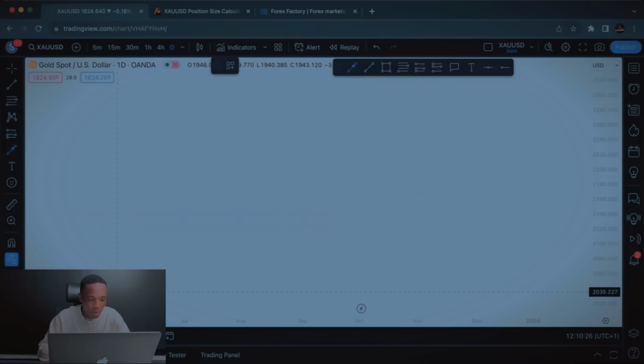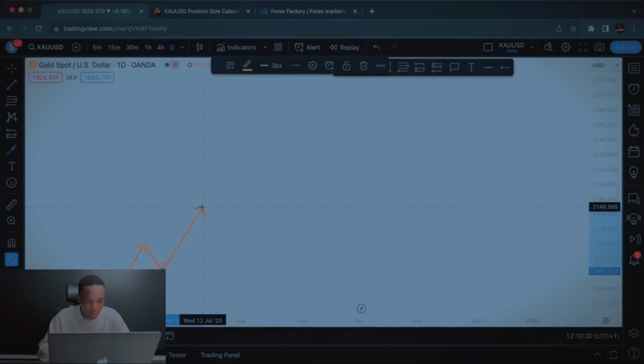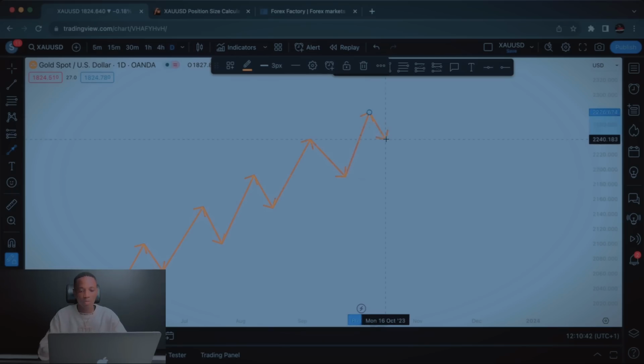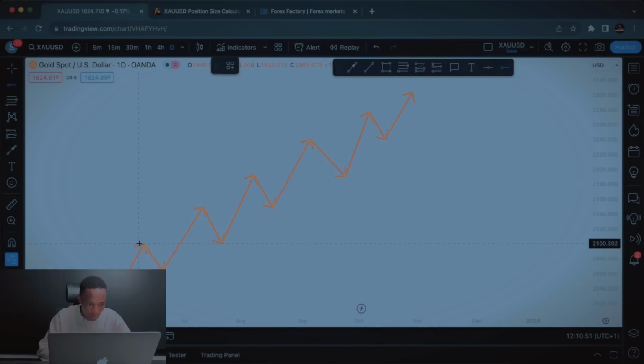This is number one, the normal wave format: a break in an uptrend, a retest, a break and a retest. So clearly this is an uptrend, right? This is the first wave format that gold moves in.